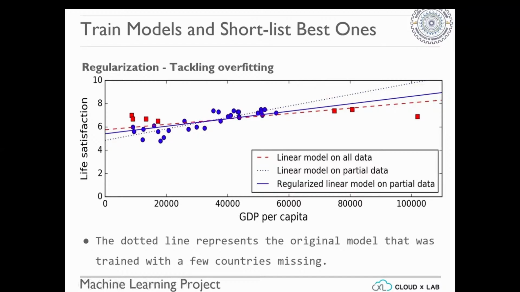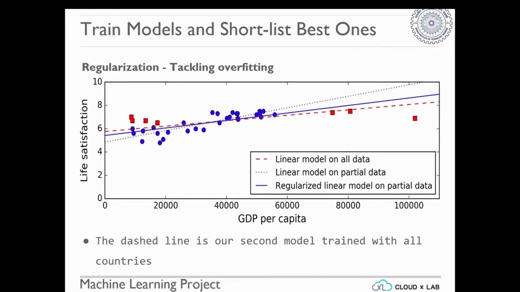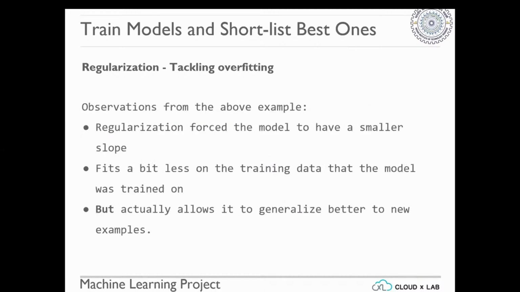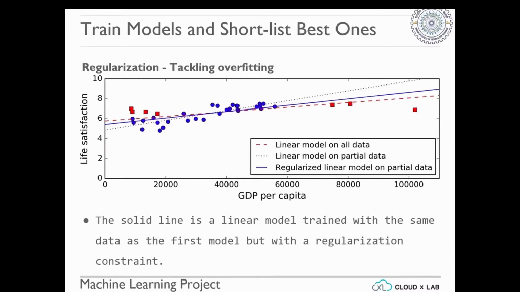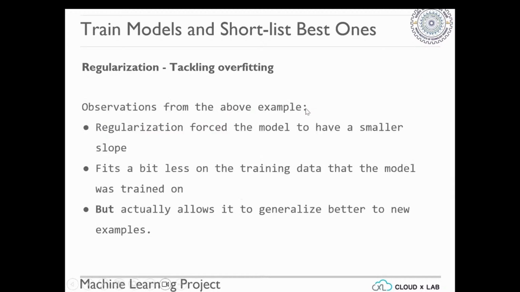Okay. So regularization forced the model to have a smaller slope, right? So as you can see here, if we regularize our model, we are getting a smaller slope, right?